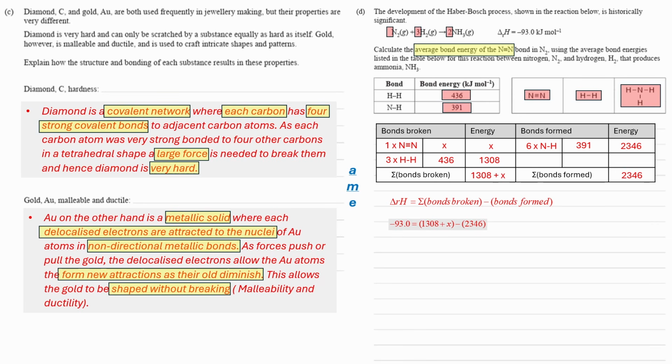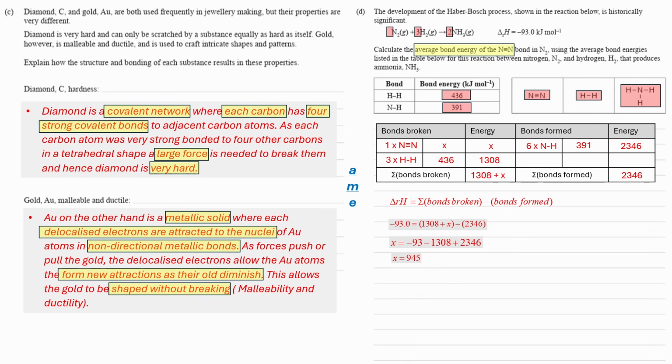We group all the terms so the X is on the left hand side and all the numbers are on the right. So we get X equals negative 93 minus 1,308 plus 2,346. We simplify on the right hand side, and we get X equals 945.